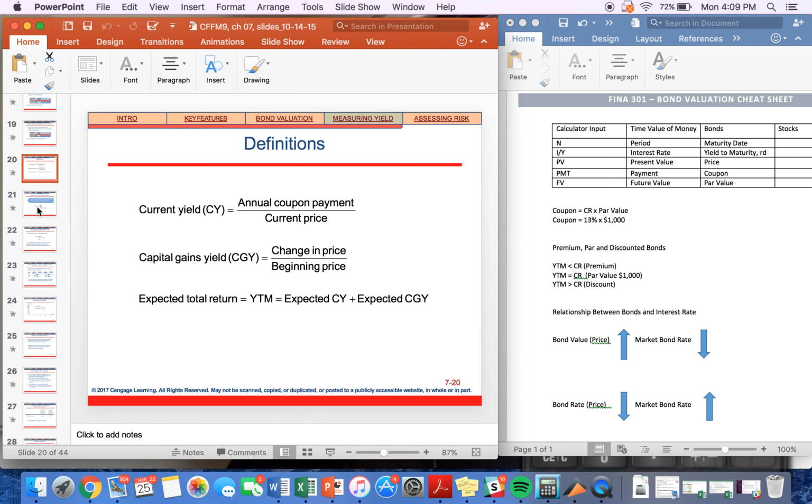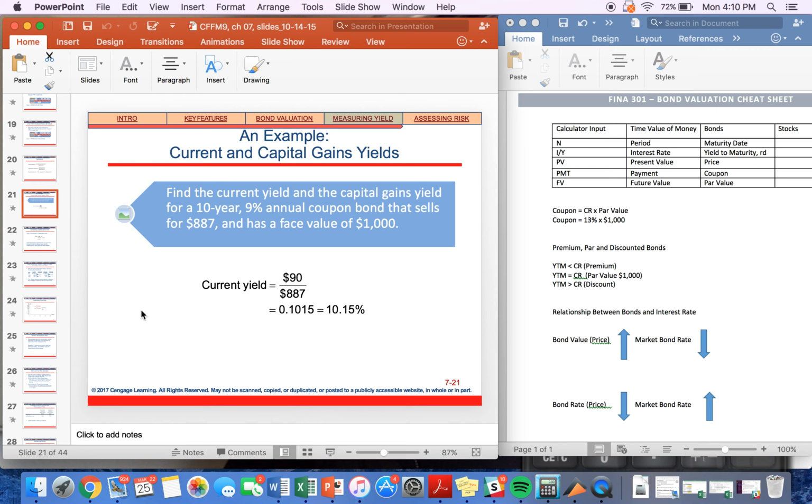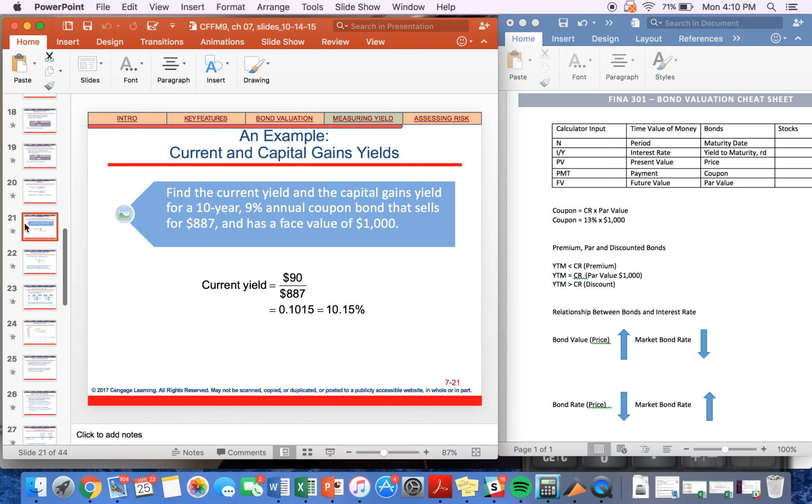Your lecture gives you a really very simple example. Your homework gets a little bit more complex, and in the next video we can work through some of that. But it says, for example, find the current yield and the capital gains yield for a 10-year 9% annual coupon bond that sells for $887 and has a face value of $1,000. So you might notice that this is the exact question we solved for earlier.